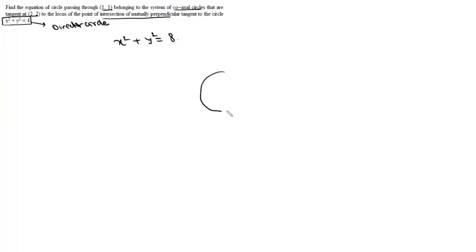So the equation of this director circle will be x square plus y square equals 8. Now we have to find the equation of a circle which passes through the point 1 comma 1 and which touches this circle, x square plus y square equals 8, at 2 comma 2.